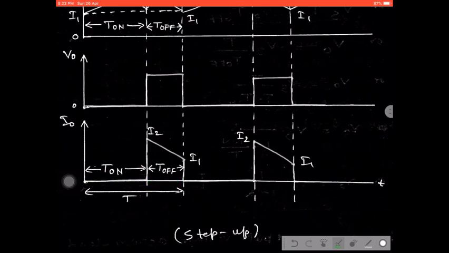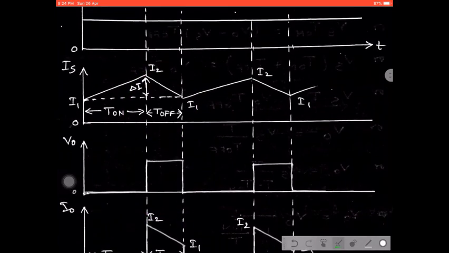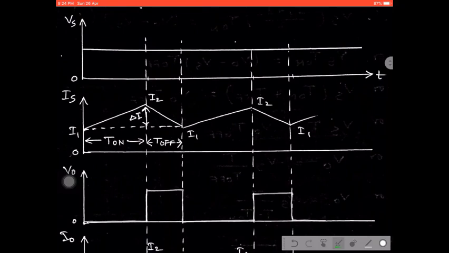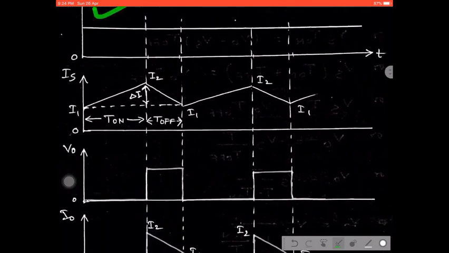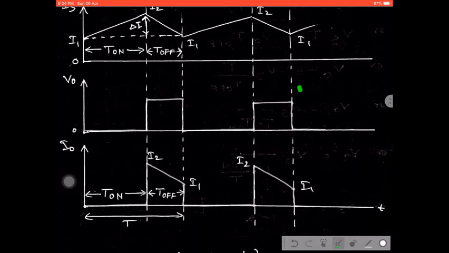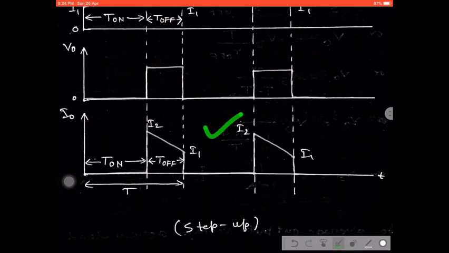That is why this current follows the inductor discharging current. So this is the waveform for output voltage and output current. Here we are using constant DC, but ultimately the output voltage is pulsating DC, so we can vary the output voltage, and this is the output current.